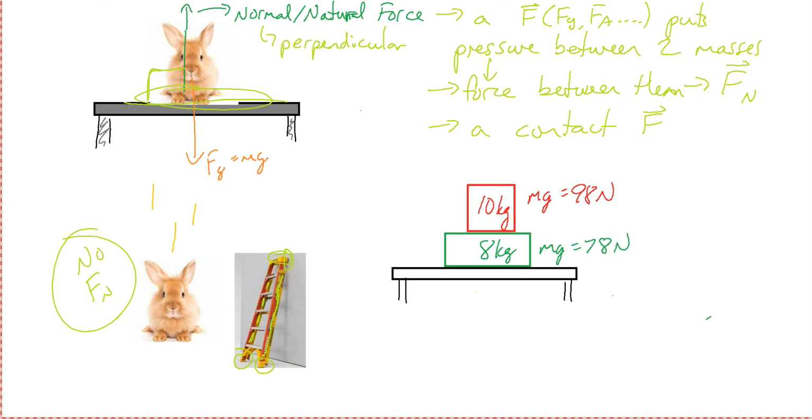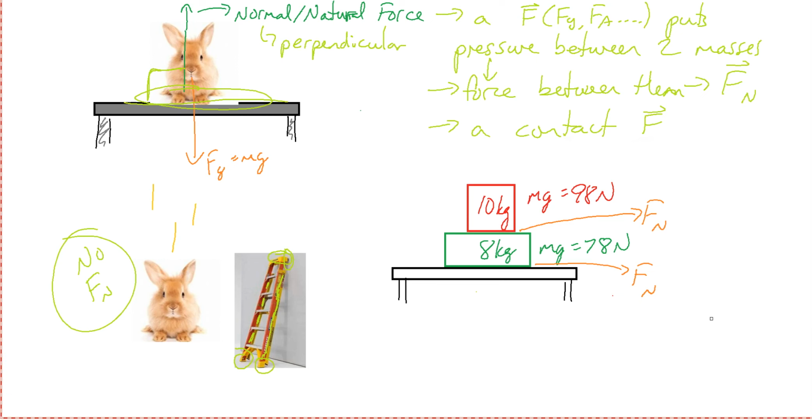Okay, so there's a couple places where we can find the Fn. Wherever there's contact between surfaces, that's where Fn exists. So there's no Fn on top of the red box, but there's an Fn right in here between those two, and there's an Fn right there between the green box and the table. If we look at what causes them, they're all caused by the force of gravity pulling down on the two boxes.